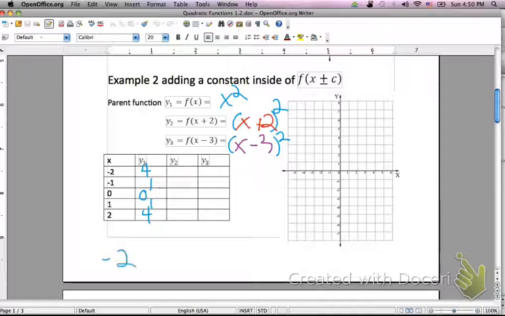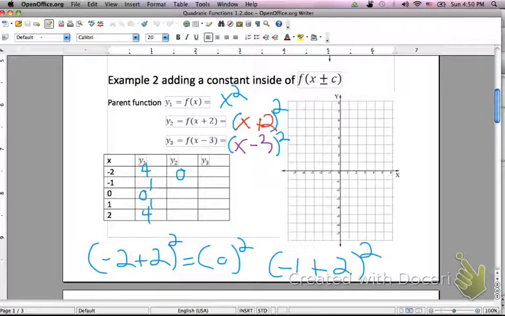So negative 2 plus 2 is equal to 0 squared, and 0 times 0 is just 0. Okay. Same thing here, negative 1 plus 2 squared is equal to 1 squared, so 1. 0 plus 2 would be 2, and 2 times 2 is 4.